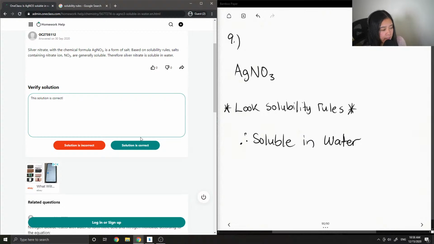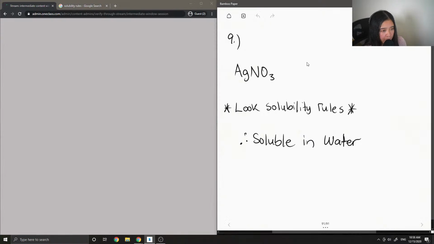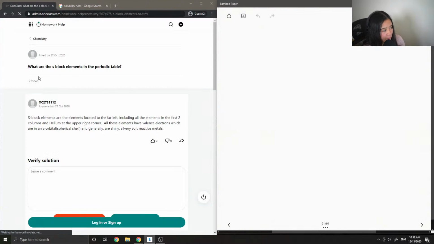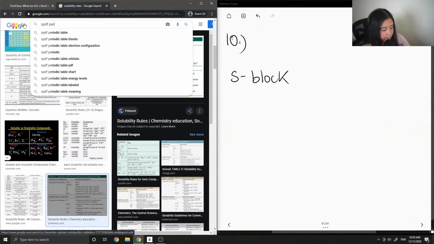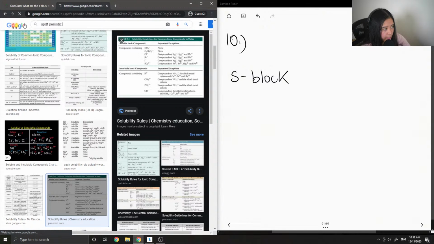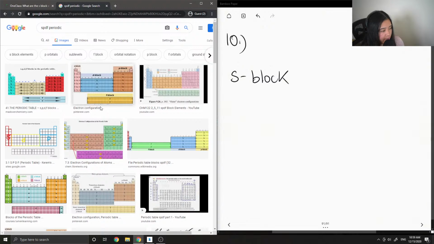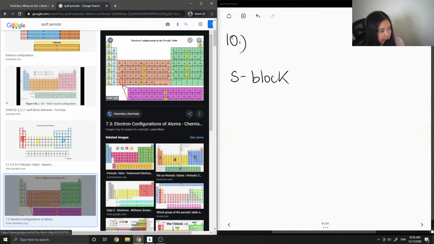And I think we have time for one more question. Question 10. What are the S block elements in the periodic table? Okay, so it might be easier if I just look up the periodic table with all of the different blocks labeled.